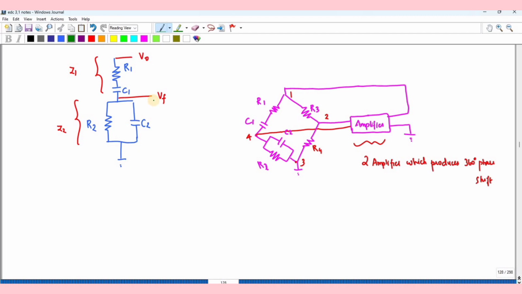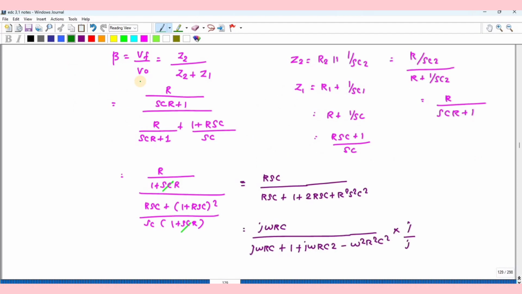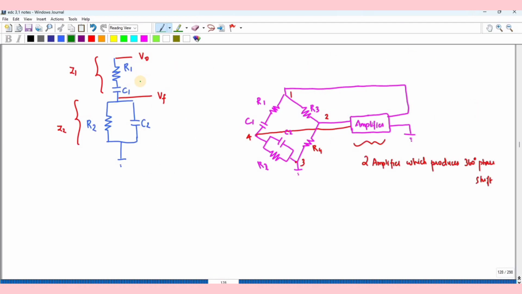We know that from the voltage divider rule, if you want to find the value of VF with respect to V0, you have to apply the voltage divider rule. VF is equal to V0 into Z2 divided by Z2 plus Z1.